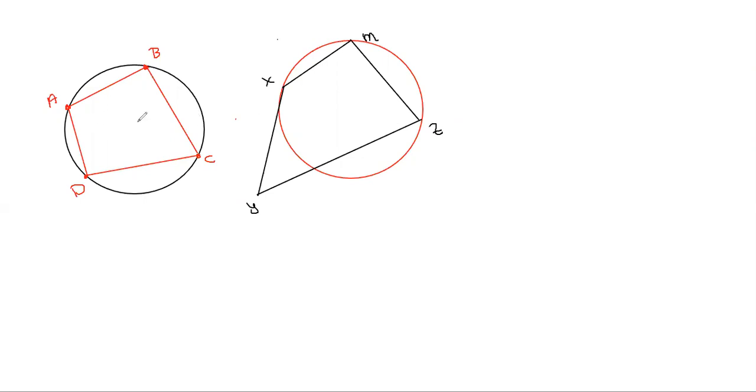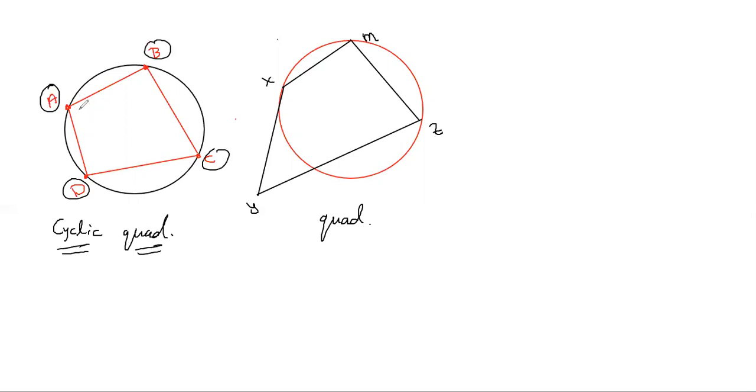Now the difference between those 2 quadrilaterals, as you can see, is that the 4 vertices of the first one lie on the circle. The second does not. One of them is outside the circle, or it could be inside the circle. Now this quadrilateral is called a cyclic quadrilateral. This one is not, it's simply a quadrilateral. A cyclic quadrilateral is one whose 4 vertices lie on the circle.